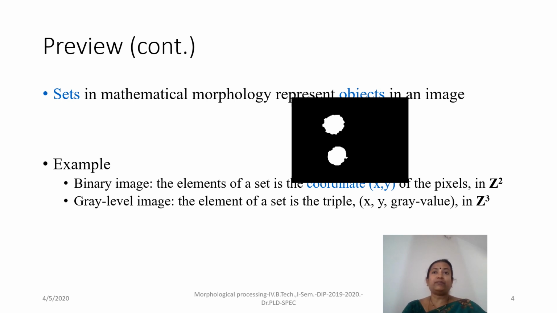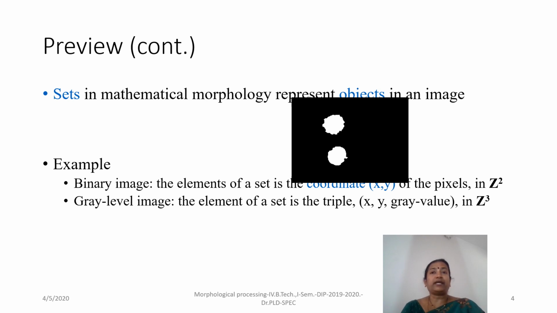Sets in mathematical morphology represent objects in an image. Let us see here, the background of the image appears black and the foreground objects appear white. Those white objects appear as sets in morphological processing.